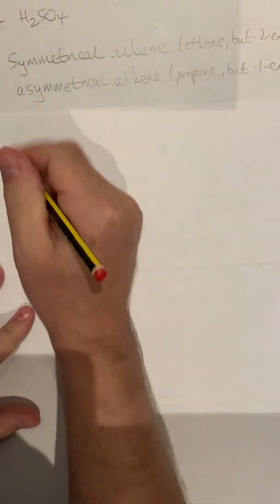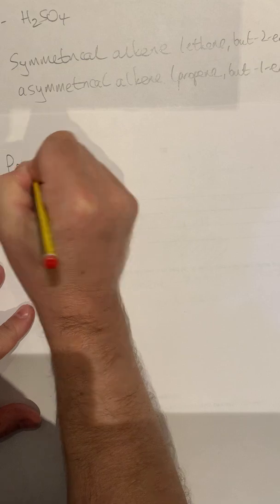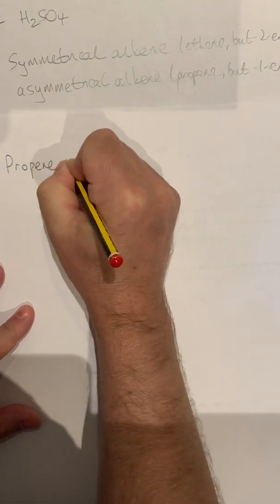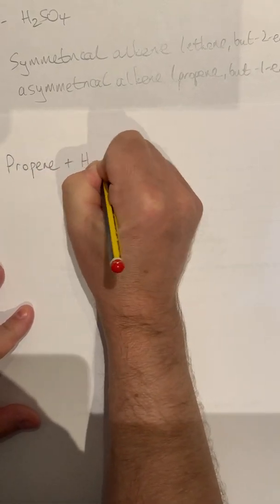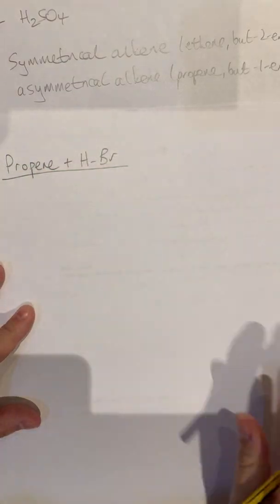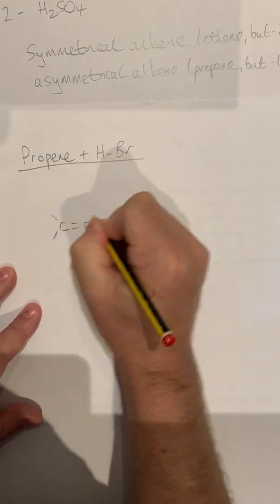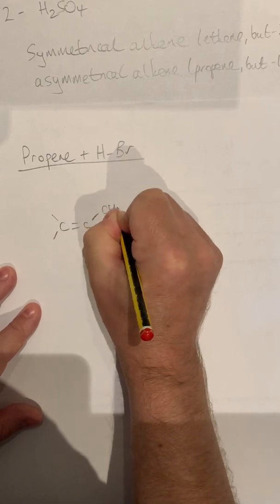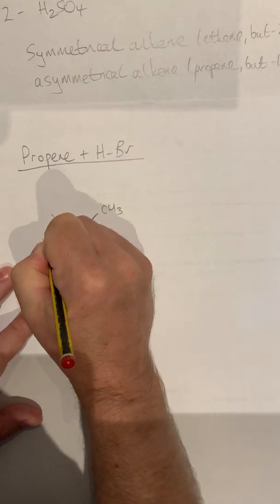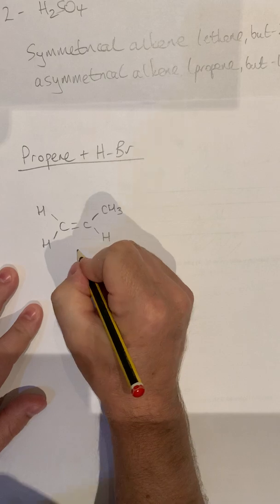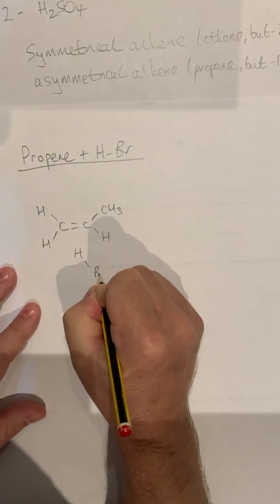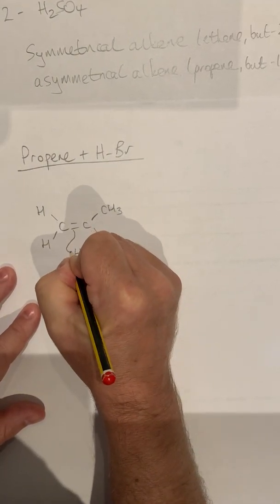Right, now let's do an asymmetric. So propene. Propene plus HBr. Exactly the same structure to the mechanism, no changes in the curly arrows.